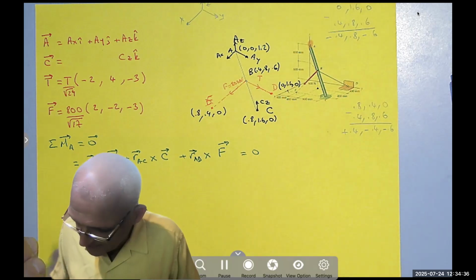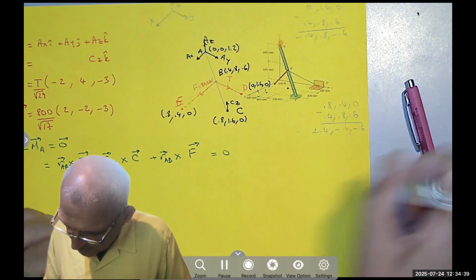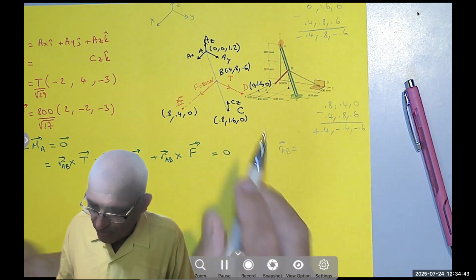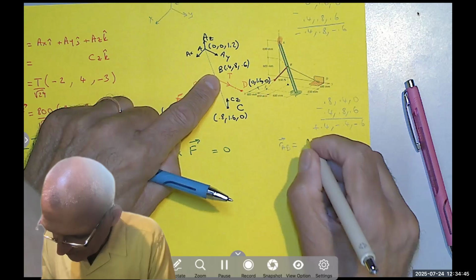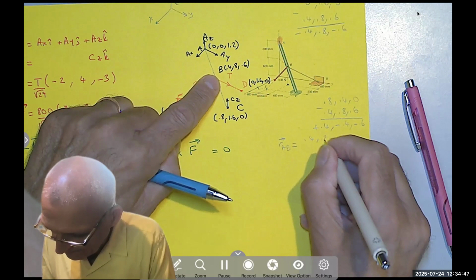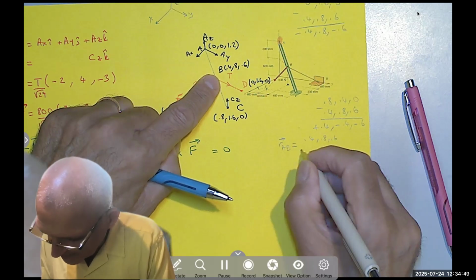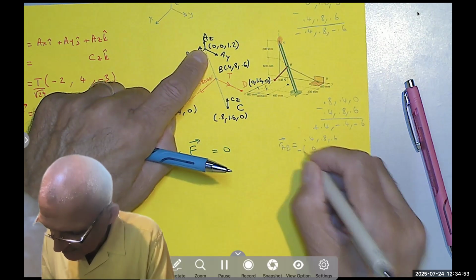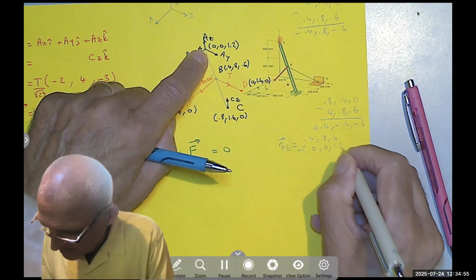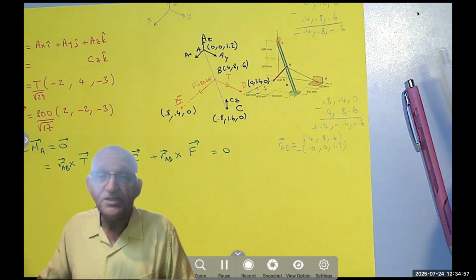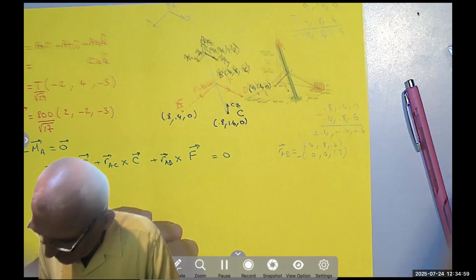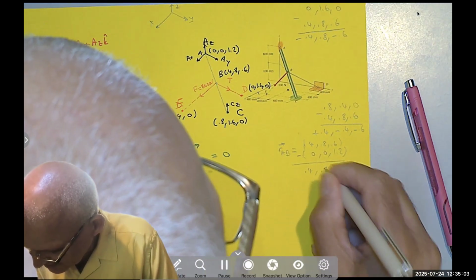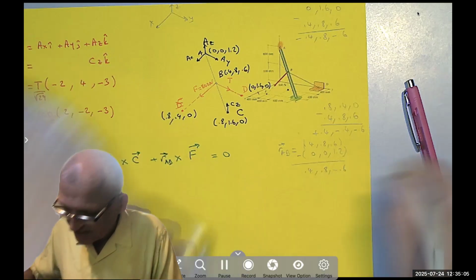What is RAB? Again, like we did, RAB is the coordinates of B minus the coordinates of A. So this would be 0.4, 0.8, negative 0.6.